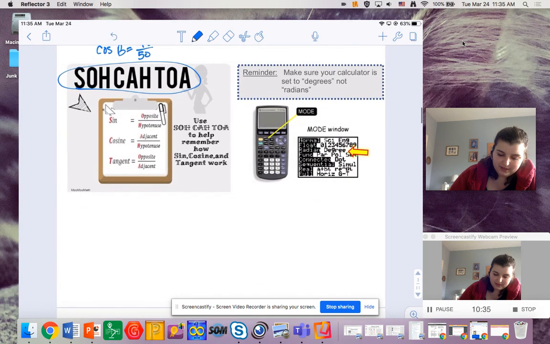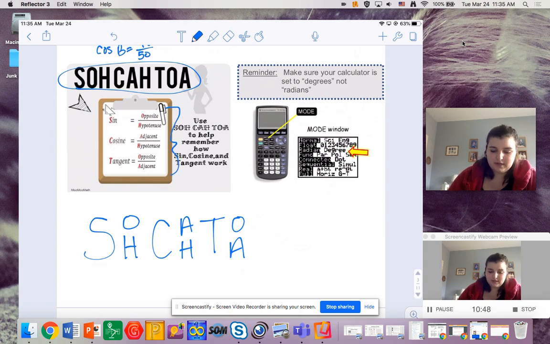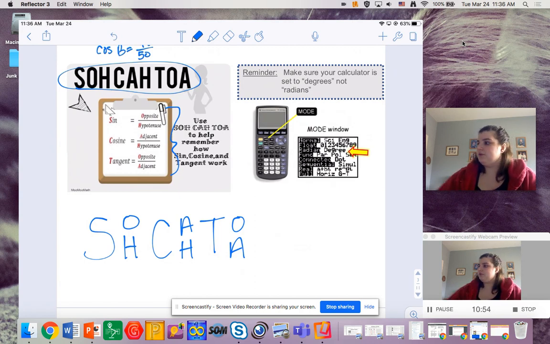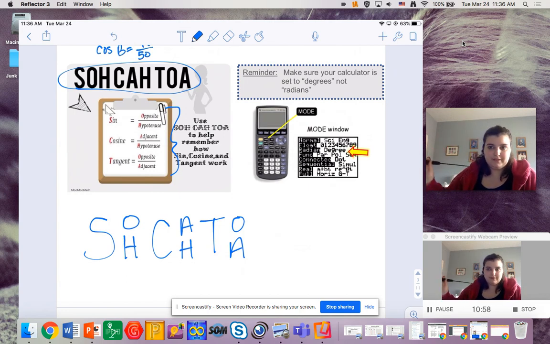So I like to write it like SOHCAHTOA. And you can see in here the ratios and how they're already kind of made when you write it like this. Okay? Try saying that out loud, SOHCAHTOA, so that it doesn't sound weird later.